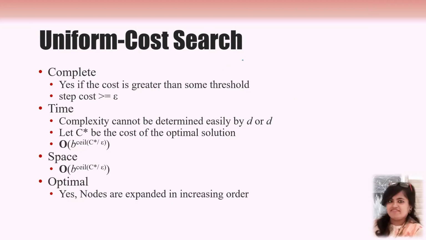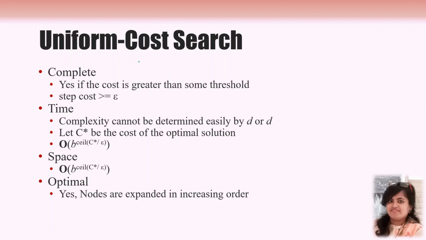It is complete if the step cost is greater than or equal to epsilon, and epsilon is greater than 0. Now the time complexity cannot be defined that easily, as there is another factor involved, that is the path cost.